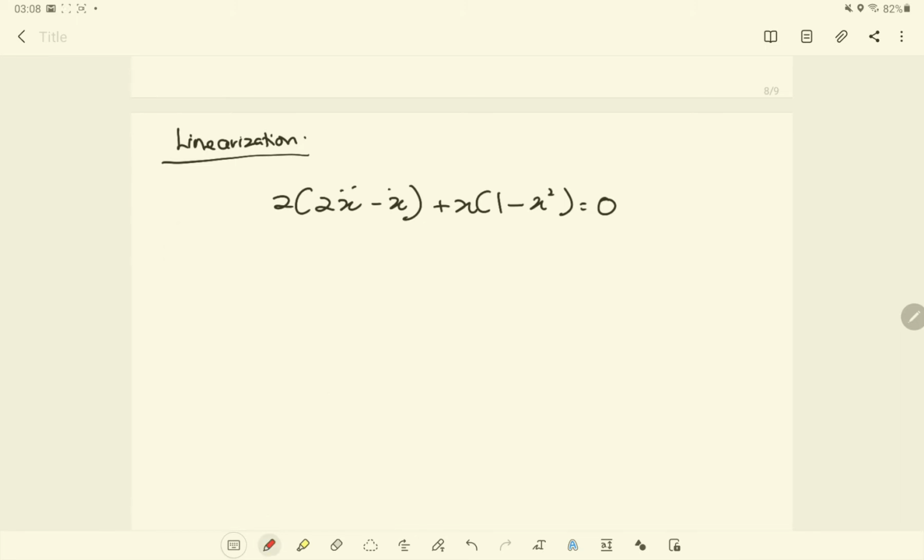There are two characteristics of a non-linear system. First, the order is greater than 1, or it has dependent equations or dependent functions. So in this case, the order is greater than 1, so the system is a non-linear system.